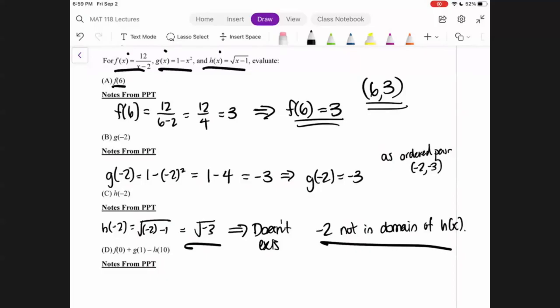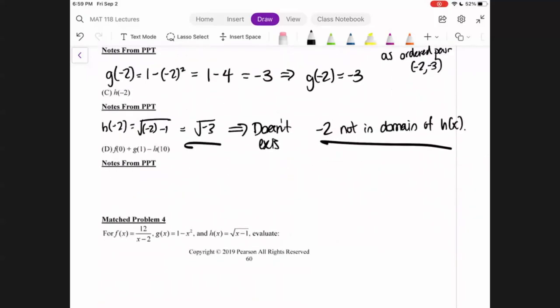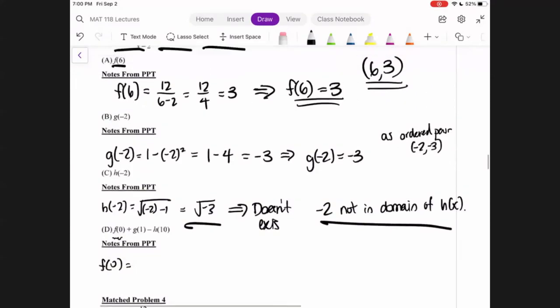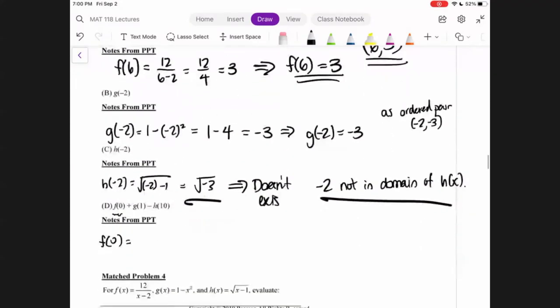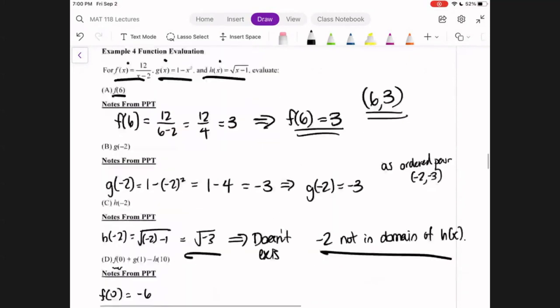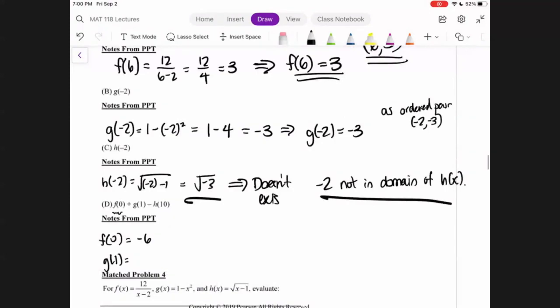Okay, so continuing on. If you want to practice part D, you can here, but just think it's going to be f of 0, so figure out what this is first. So I would practice a bit, see if you can get that f of 0 is -6. See if you can get g of 1 is 0.